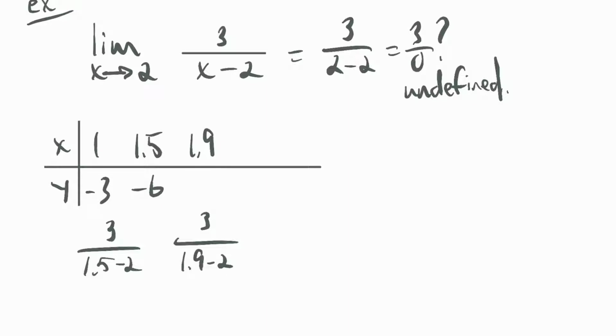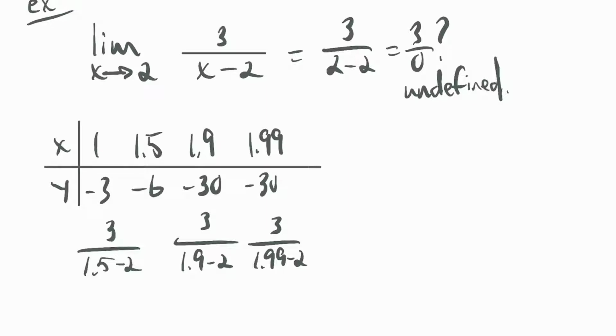I believe that's -30, but let me get a calculator to be sure. So 3 divided by 1.9 minus 2. Yeah, -30. What about 1.99? That's going to be -300.